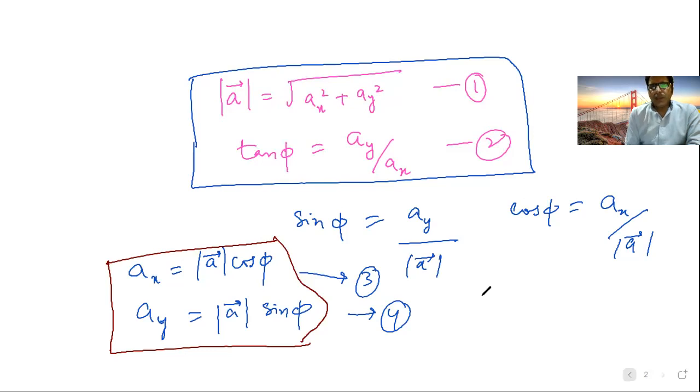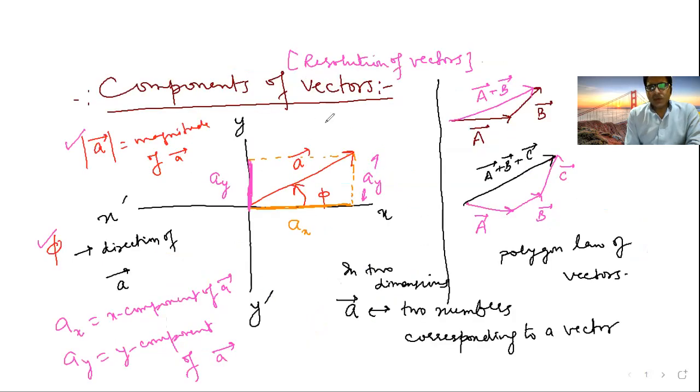Now this vector lies in first quadrant. This is first quadrant, you know, this is second quadrant, this is third quadrant, and this is fourth quadrant. Now you see this vector lies in first quadrant, so its rectangular components are both positive. A, phi, ax is positive, ay is positive. The vector lies in second quadrant.